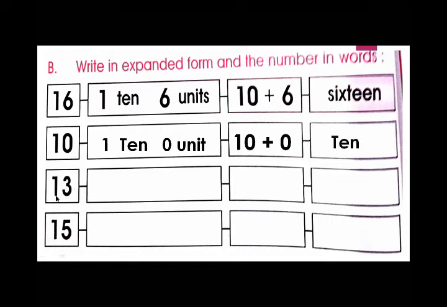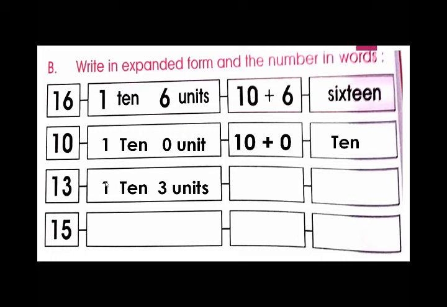See the next number, 13. How many tens are here? 1 ten. So we write 1 ten. Then how many units? There are 3 units. So we can write 1 ten and 3 units.